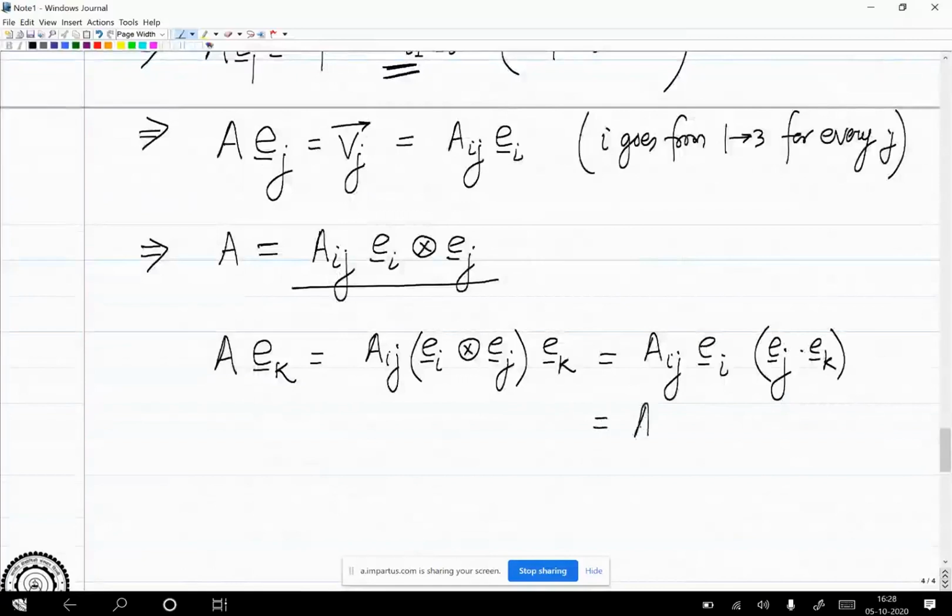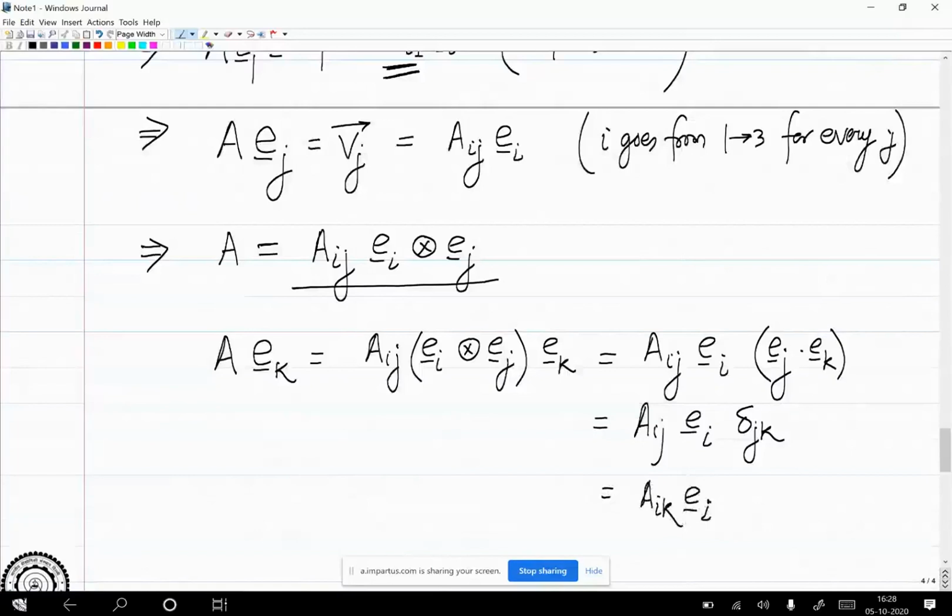And this is now Aij Ei into delta jk, which is again using the Kronecker delta. This is now Aik Ei.